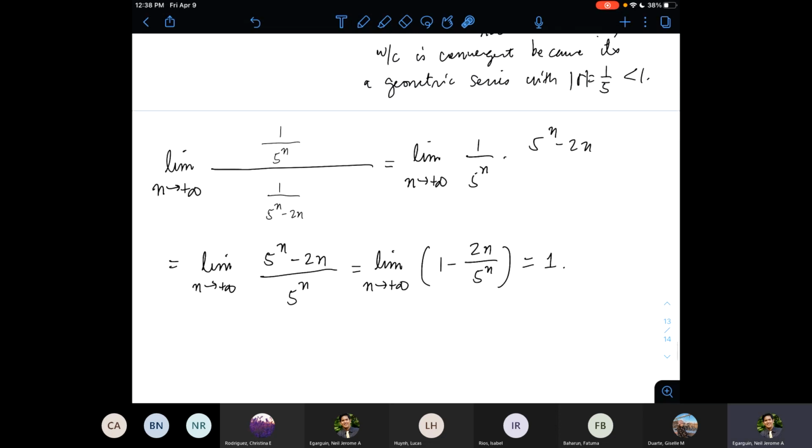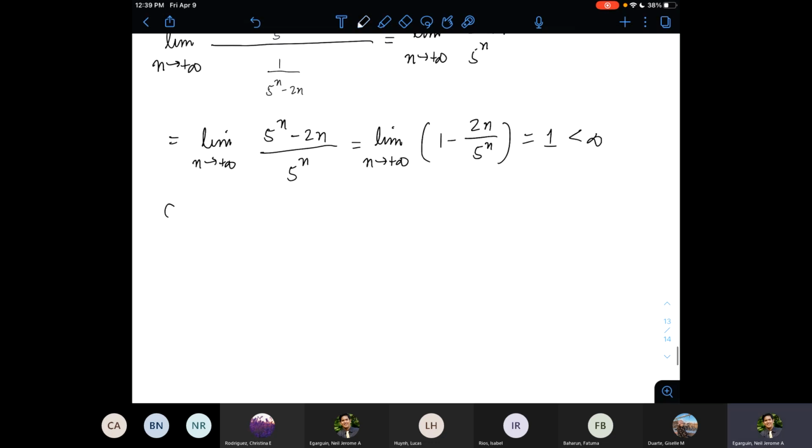Okay, so what we saw here is that this guy and this guy will grow at almost the same rate, or at least at a proportional rate. So that means they will both converge because this limit turns out to be finite. So the given series, which was 1 over 5 to the n minus 2n, is convergent by the limit comparison test.